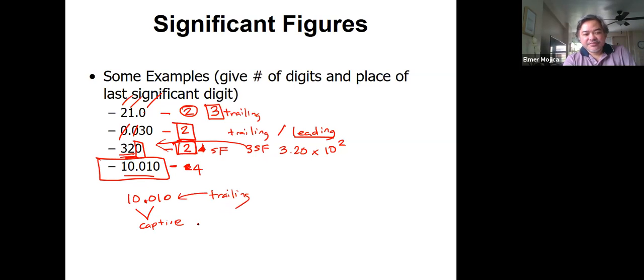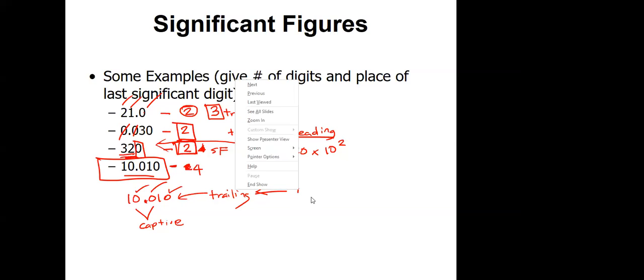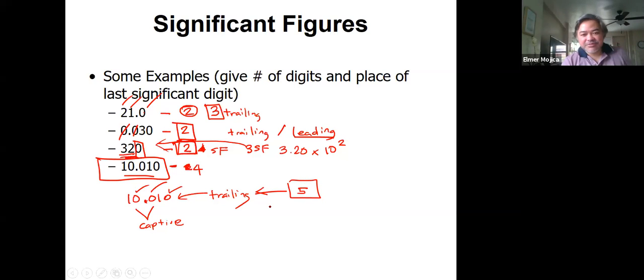Now, captive 0s are significant. A trailing 0, since it's on the right side of a non-zero number, is also significant. So that makes it how many significant figures for this number? 5. You have 5 significant figures there. Is that clear?